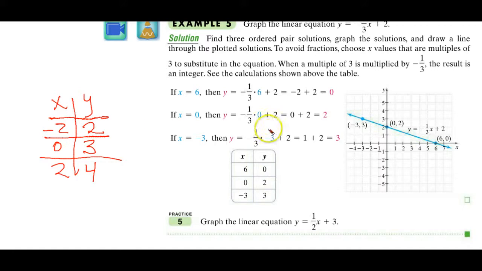So -2, 2. Oh, it's not that graph. We're going to make our own graph. I'm saying, boy, that's off. -2, 2, right there. 0, 3, right there. 2, 4, right there. And there's your graph. All right.